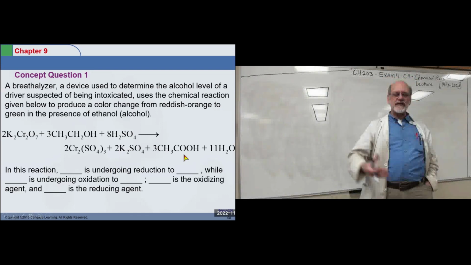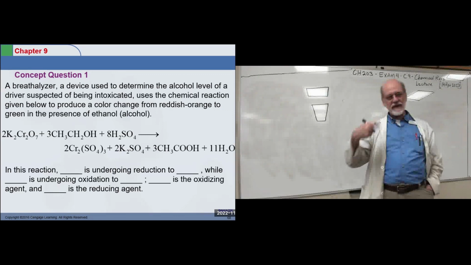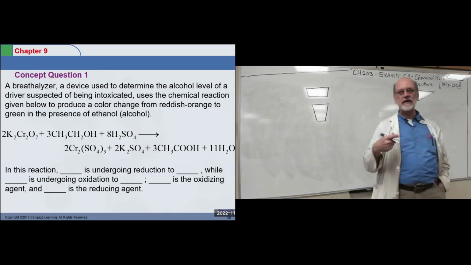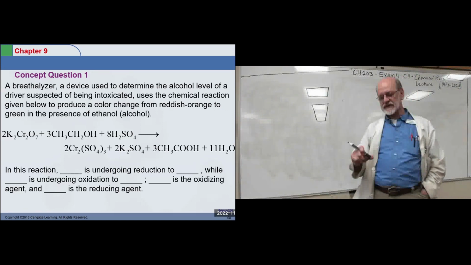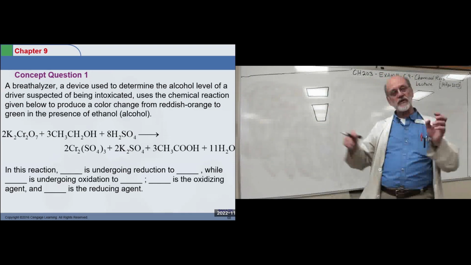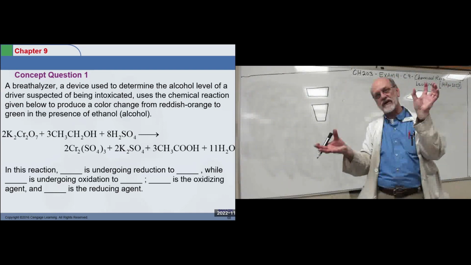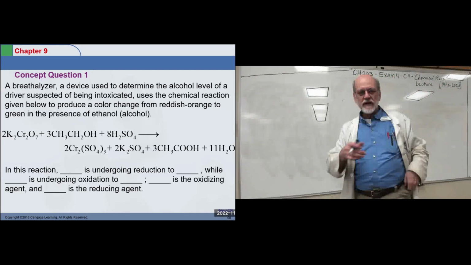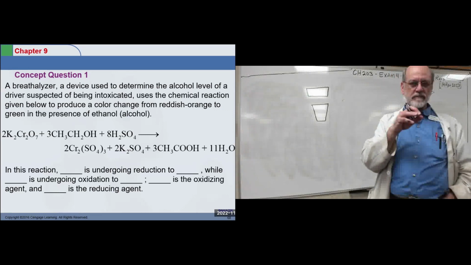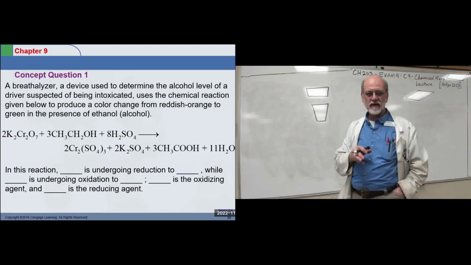And the amount that's in your breath is correlated with the amount that's in your blood. They've done tests to make the correlation properly. So they measure a certain amount in your breath. That means you have to have a certain amount in your blood. Okay, so this is one way to measure the amount of ethanol.